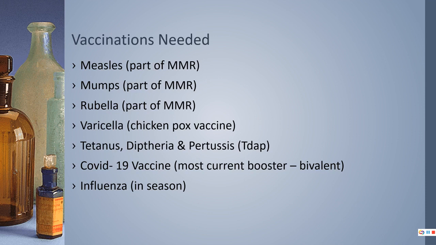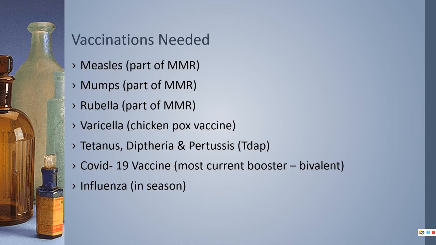Measles, mumps, and rubella is commonly part of a vaccine grouping called MMR, and there'll be more than one of those on a record for a complete series. Varicella is commonly referred to as the chickenpox vaccine, and there's more than one for that one as well. Tetanus, diphtheria, pertussis as well has more than one for a series, and that also is known as Tdap.